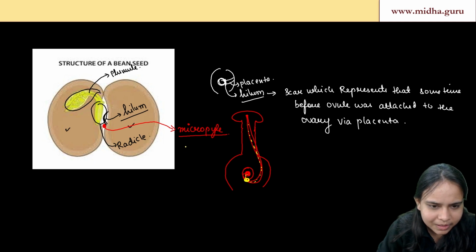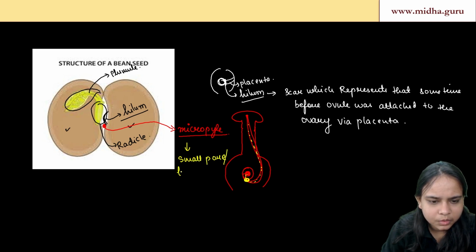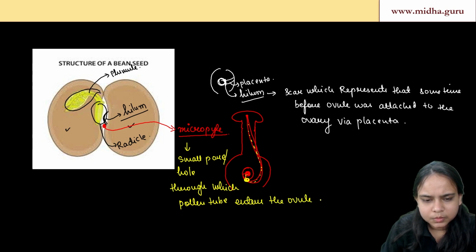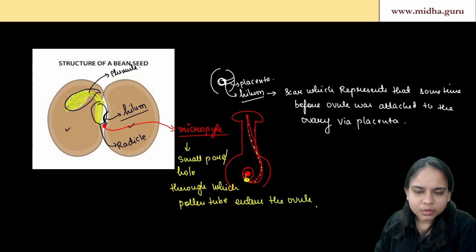So in fact, this micropyle is the small pore, or we can say hole, through which pollen tube enters the ovule. Why it needs to enter the ovule?